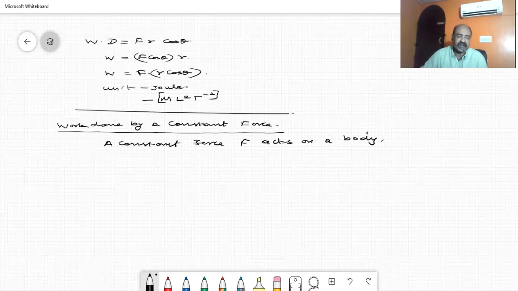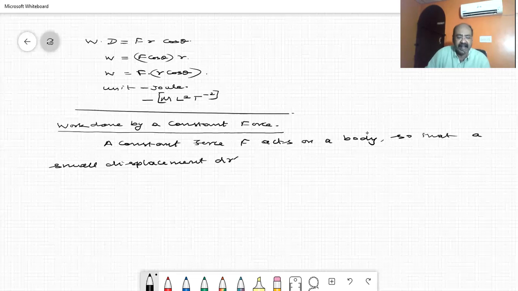Let us consider a small displacement, and that small displacement is considered as dr. So a small displacement dr is produced by the force on the body.